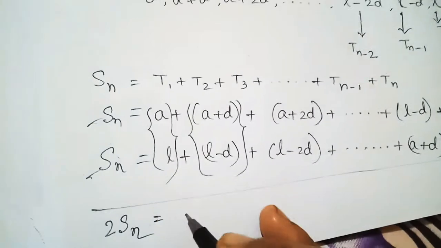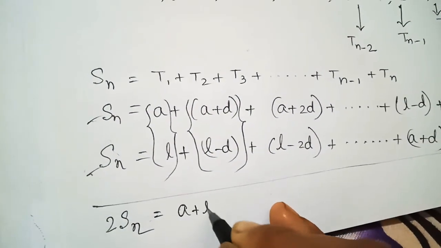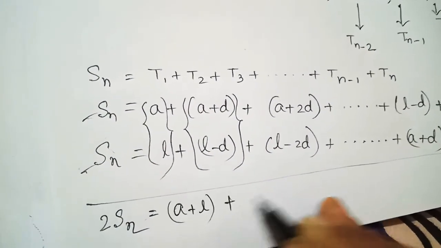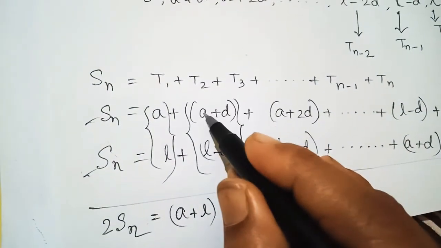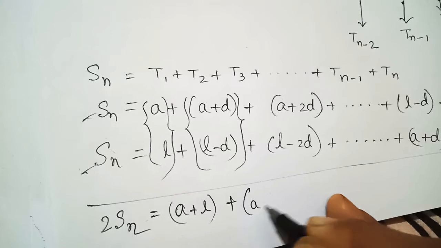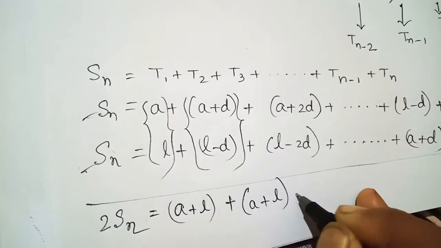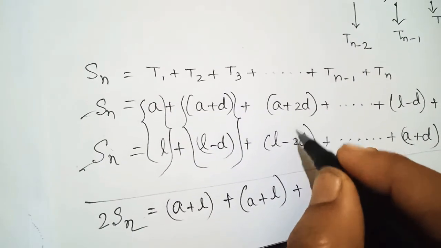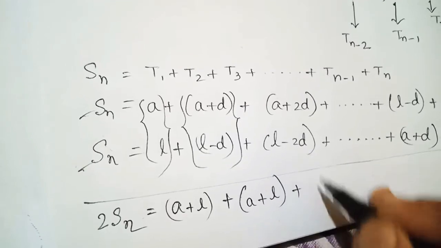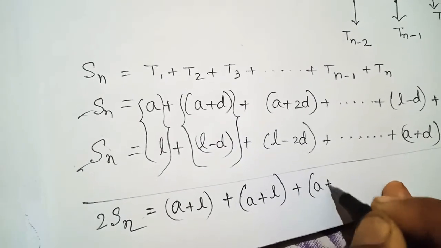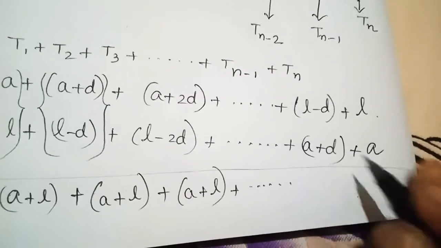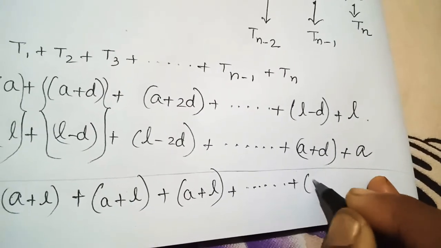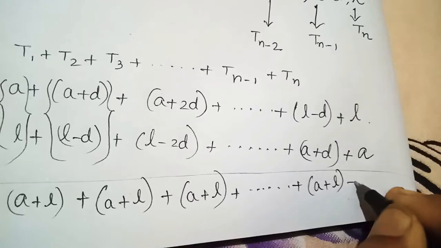So it's actually a plus L. If we add these two, d will cancel out, so ultimately we get a plus L. Similarly here, plus 2d minus 2d will cancel out, we get a plus L. Plus dot dot dot, everywhere we will get a plus L.